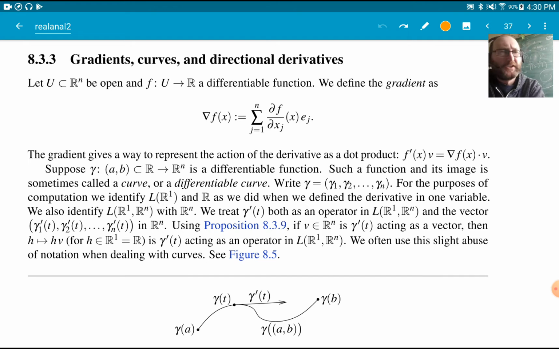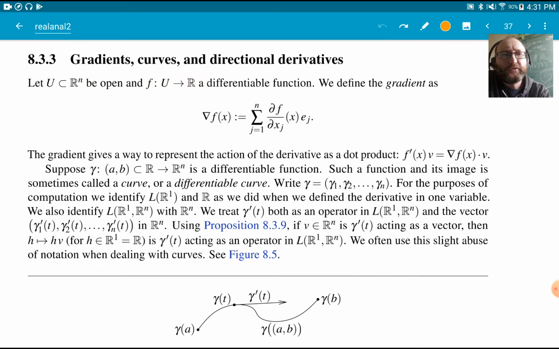We're going to interpret the derivatives in a couple of different ways that you've probably seen, or that I'm pretty sure you've seen, in vector calculus or calculus 3. All right. So suppose that you have a function defined on some open subset of the Euclidean space, right?